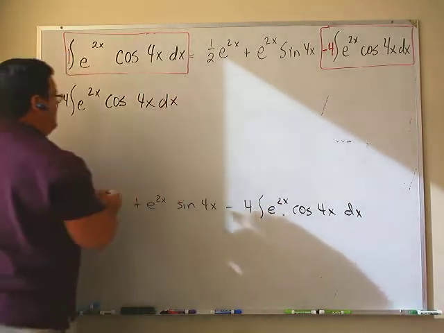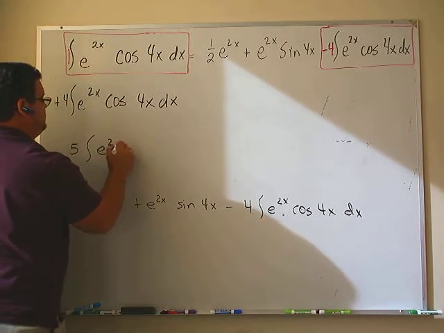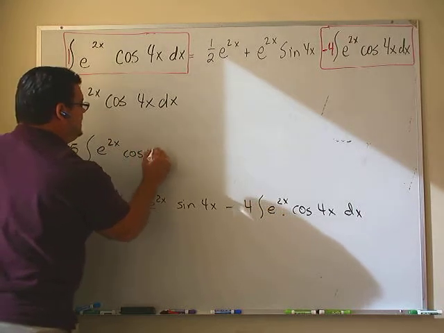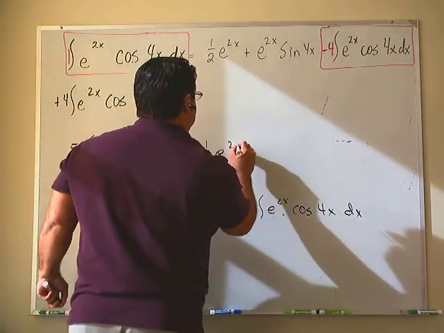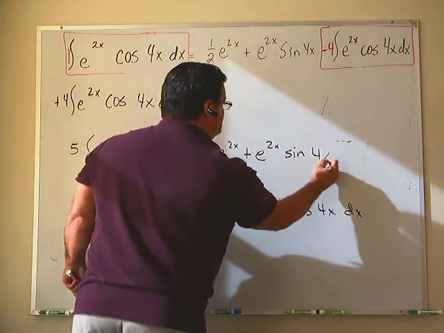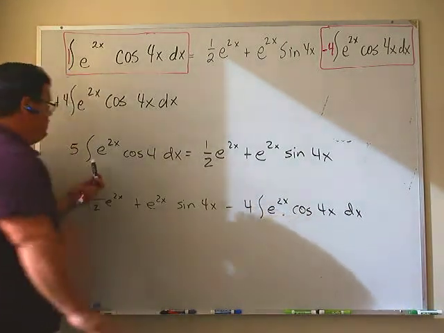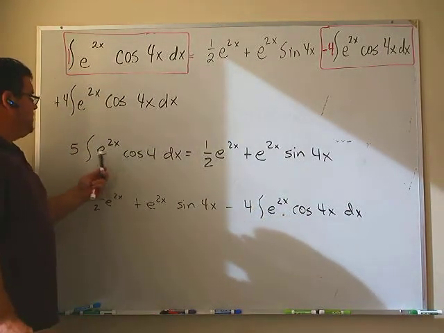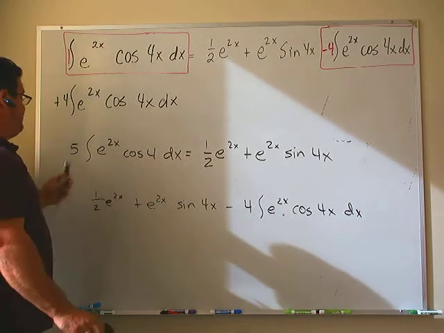So I'm going to bring this one across the river, and it changes to a +4. So that gives us 5 antiderivative of e to the 2x cosine of 4x dx is equal to 1/2 e to the 2x plus e to the 2x sine of 4x.